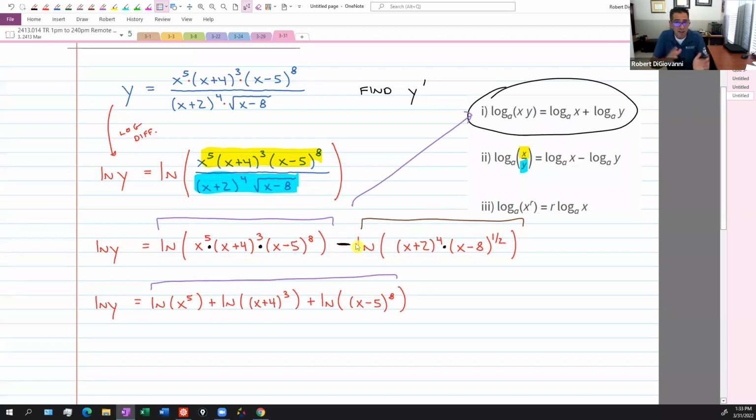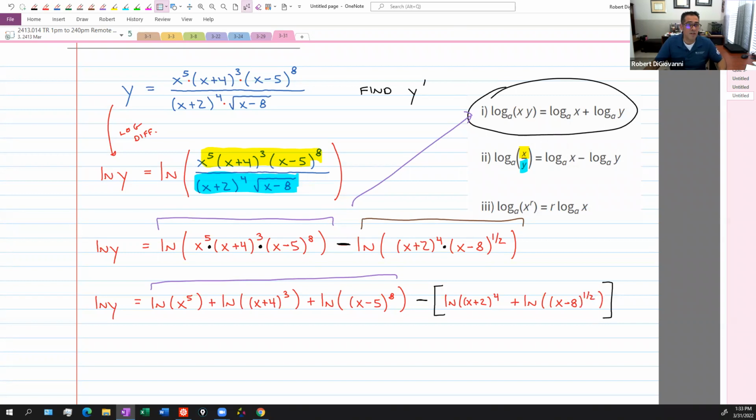The minus sign must actually act on everything. So watch the way I do this. I'm going to go minus, and then in brackets, you could use parentheses if you want. I'm just using brackets to exaggerate the fact that that negative is going to need to distribute through to the brown part, which becomes natural log of x plus 2 to the 4th plus natural log of x minus 8 to the half. You see what I mean? How that minus is going to act on both of these because it turns into 2 terms.